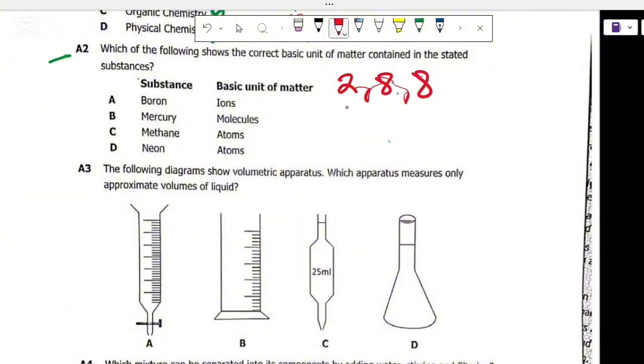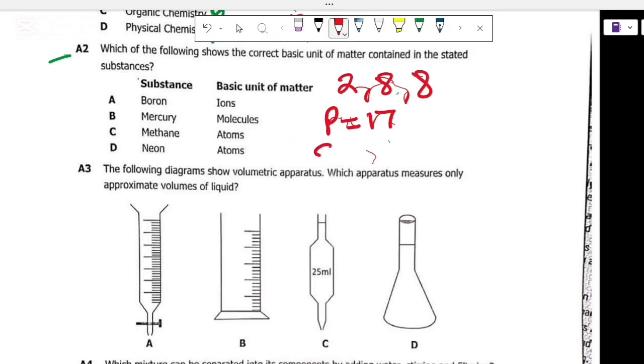So what happens to its atomic number and the number of electrons? Initially, before accepting this electron, the proton number of chlorine, remember, was 17, which means that initially the number of electrons was also 17.